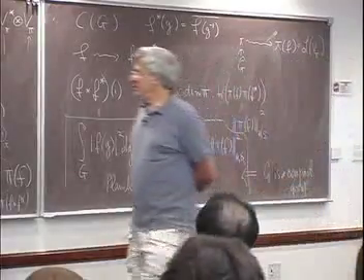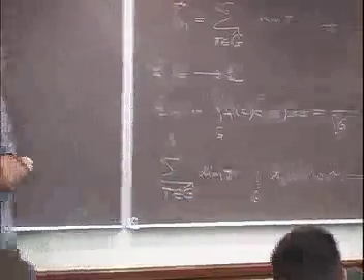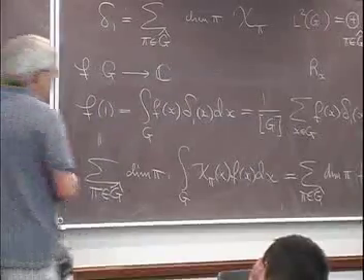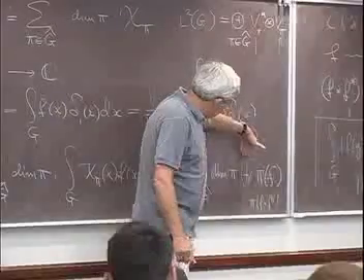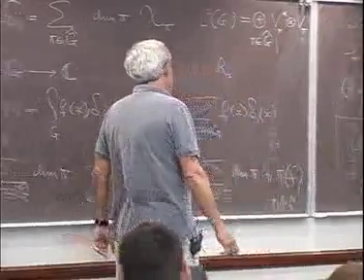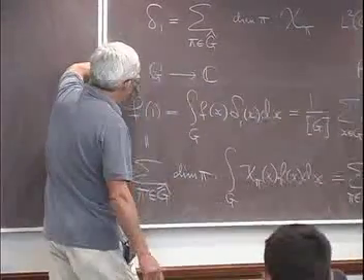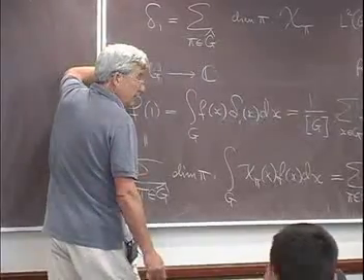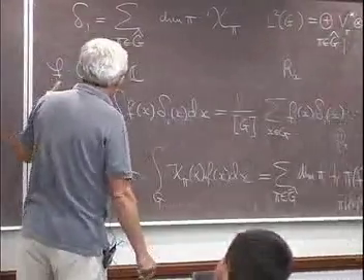You can look at this formula here, which expresses the value of the function at the identity as the sum with some coefficients of the traces of the function in the representation. So you can view this as evaluating this delta on f, evaluating at the identity.